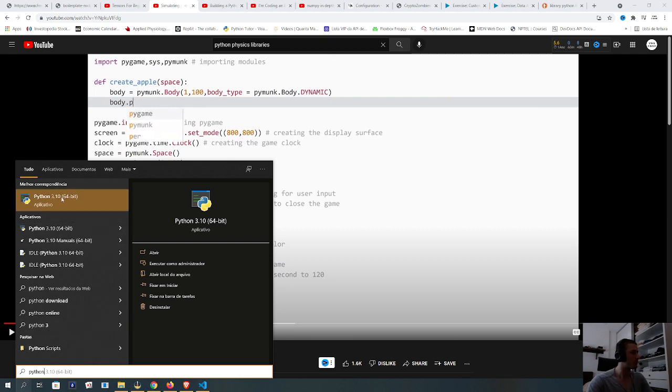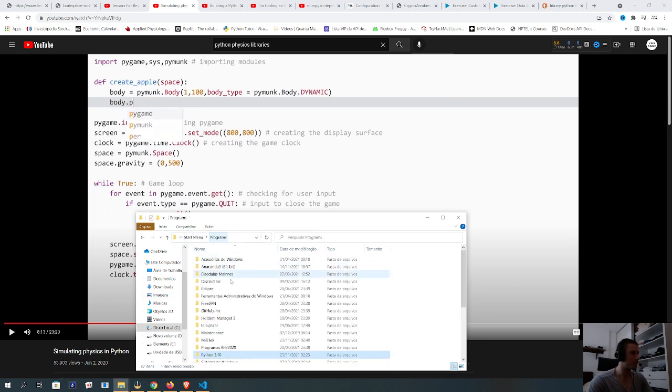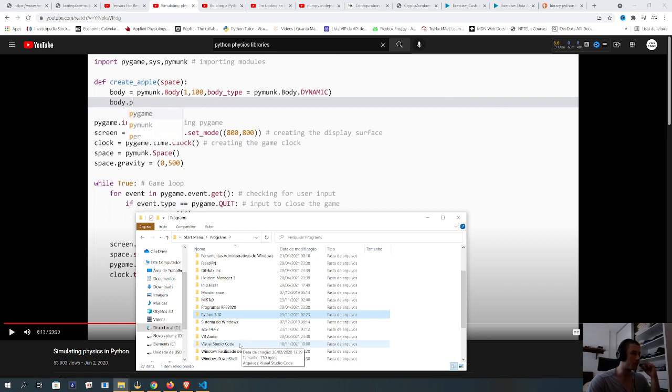Just trying to fix the Python thing here. This is not activating pip properly.